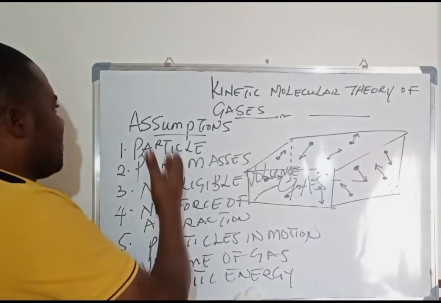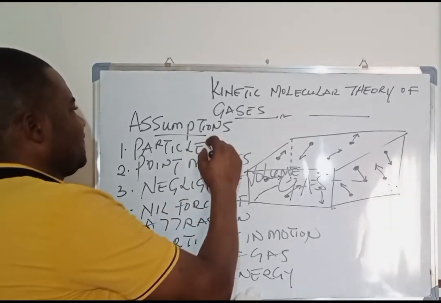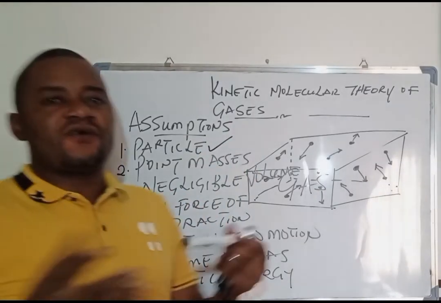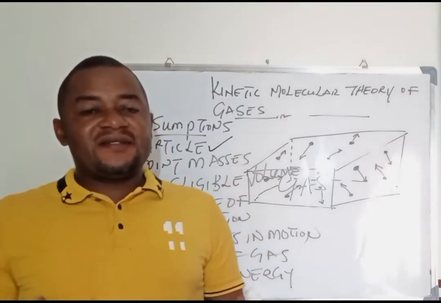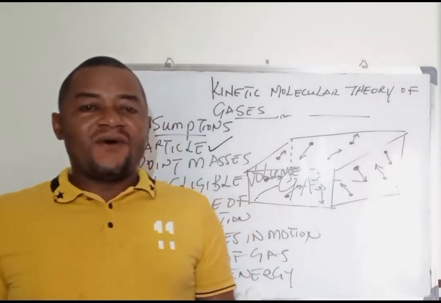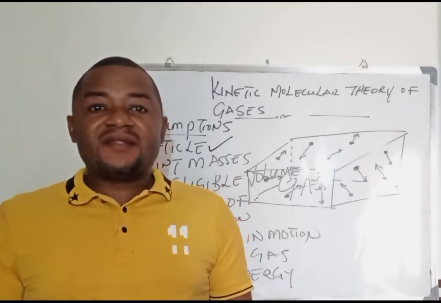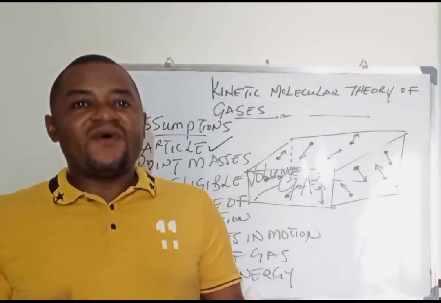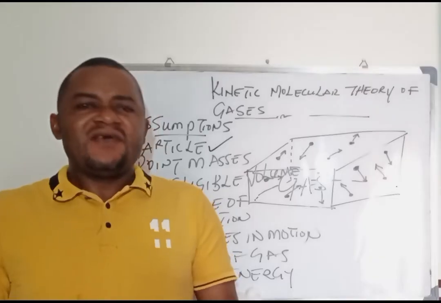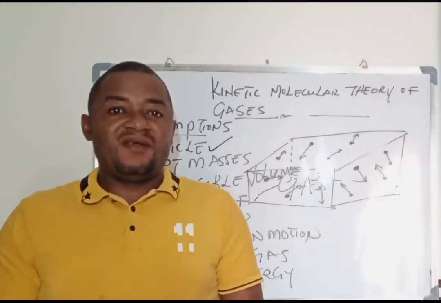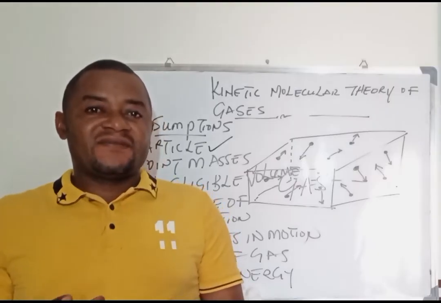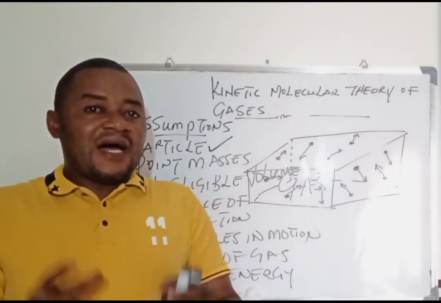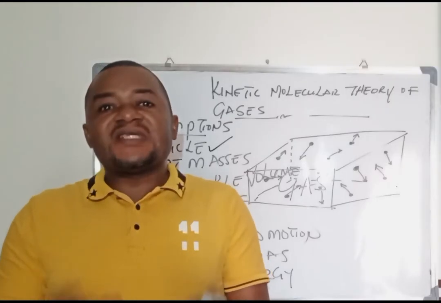Now, if we take the particles first, it is important for us to know that for every gas, there is a large number of particles that make up that gas. For every gas you have in a container, for every gas you have anywhere, there is a large number of particles, either in the form of atoms or molecules.